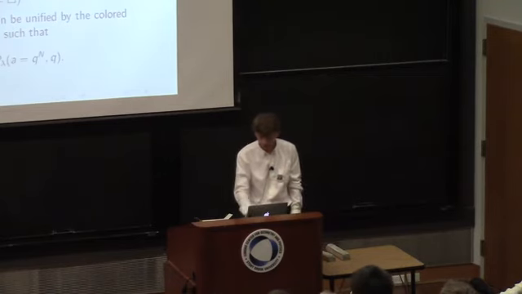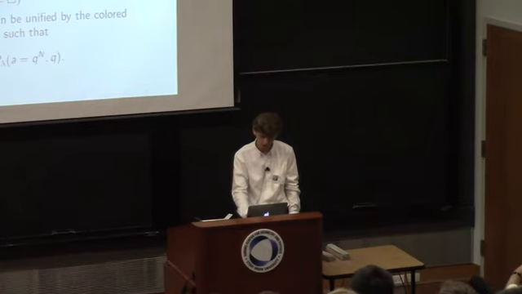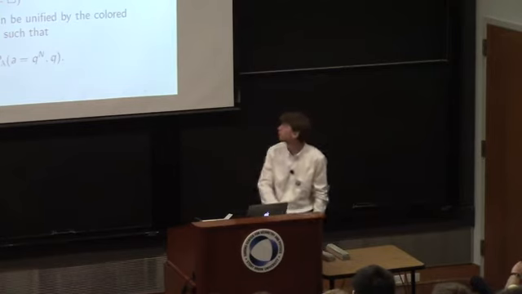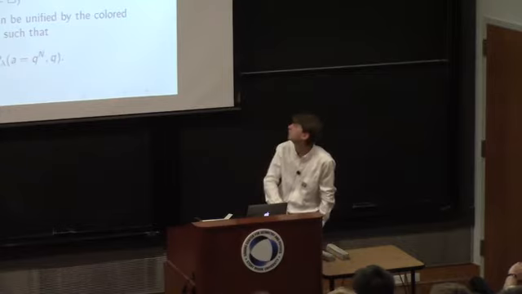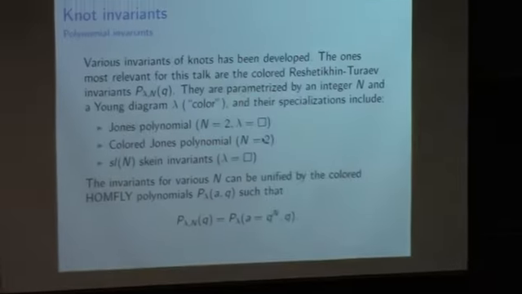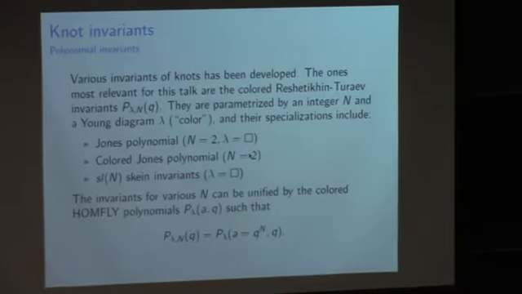As an output, we get a polynomial in one variable q, which is called the colored HOMFLY invariant P lambda n of q. For different n's and different lambdas, you can get, for example, the Jones polynomial, which is better known, or the colored Jones polynomial, or the sl_n skein invariants, or some other things.